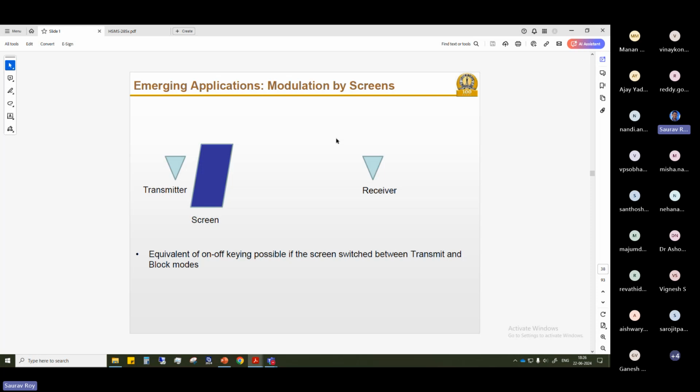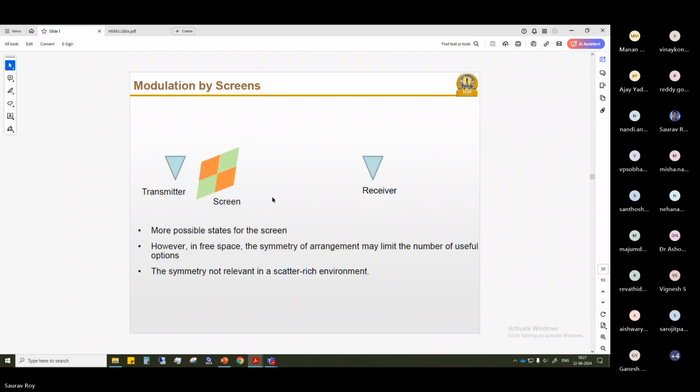Just like you have an alphabet or codebook in the normal QAM or QPSK, here also your codebook will contain all these defined signal sets. So these signal sets will be generated by the defined variations in the screen. Okay, the screen is a reconfigurable screen. If you change this by multiple switches and all, they will generate these combinations or states.